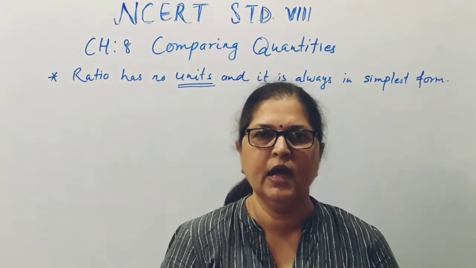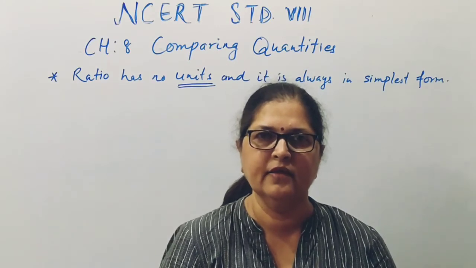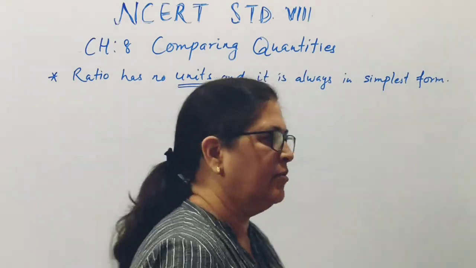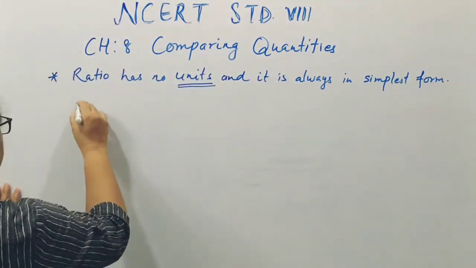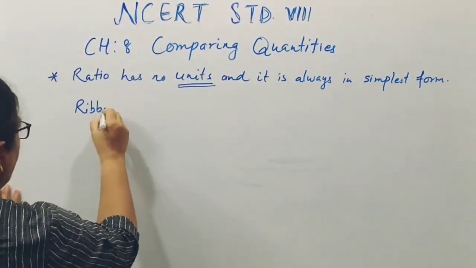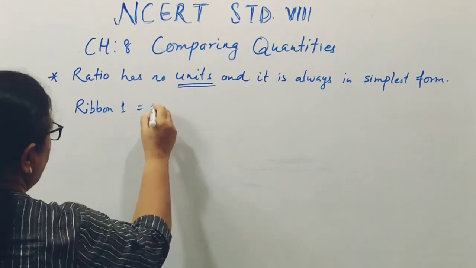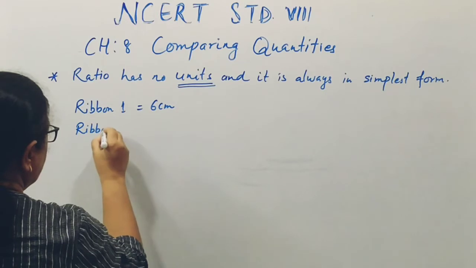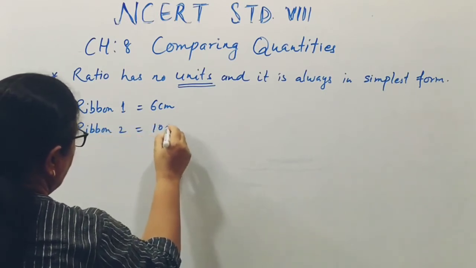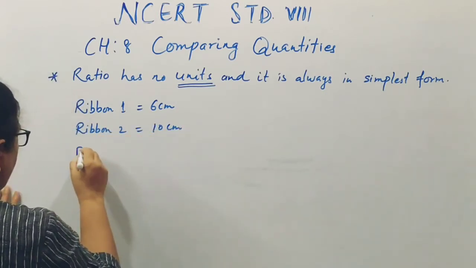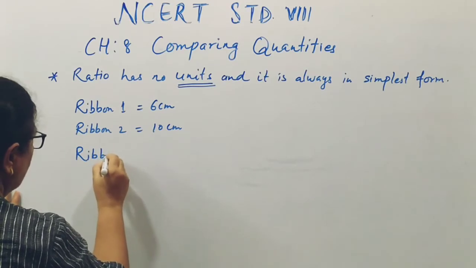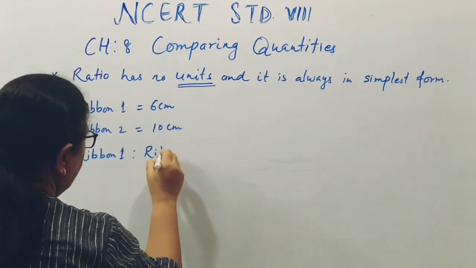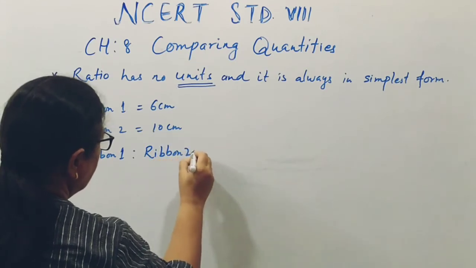For example, we have two ribbons. Ribbon 1 is 6 cm long and ribbon 2 is 10 cm long. And we have to find the ratio of the length of ribbon 1 to the length of ribbon 2.